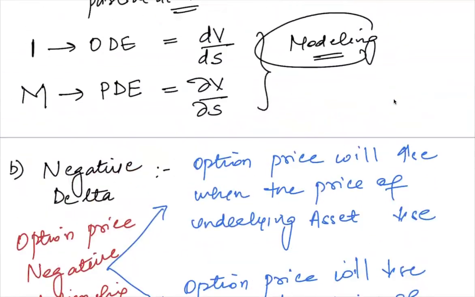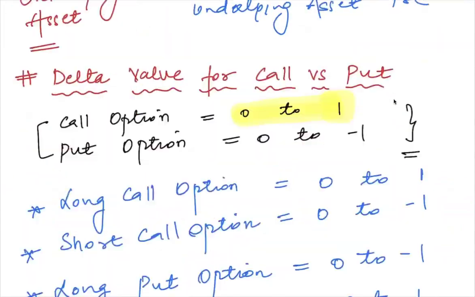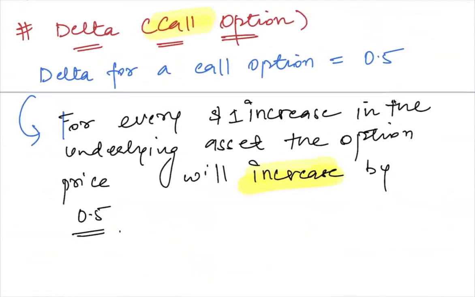When we say it has a positive delta, what happens when the stock price increases? The option price will also increase. So when I say that the delta of a call option is 0.5, it basically means that for every $1 increase in your underlying asset, the option price will increase by 0.5.